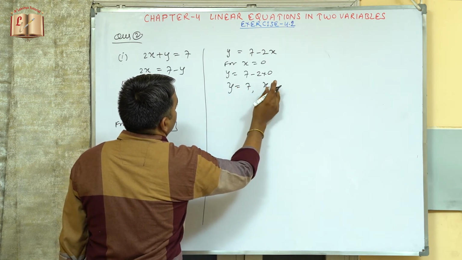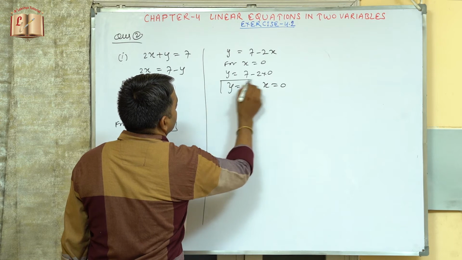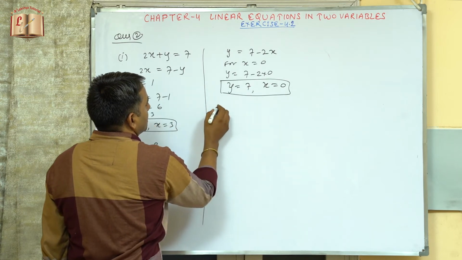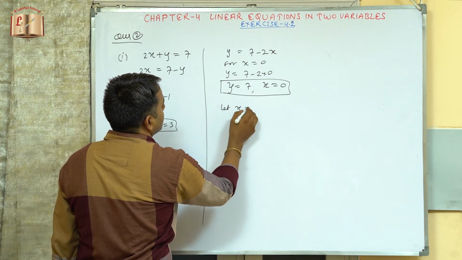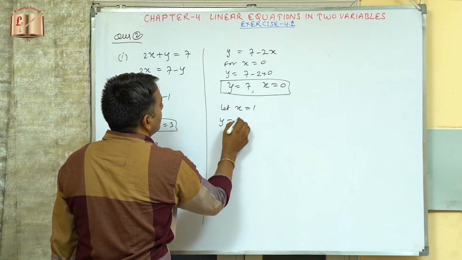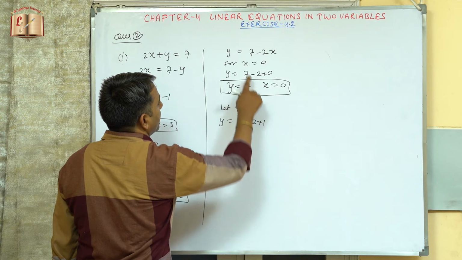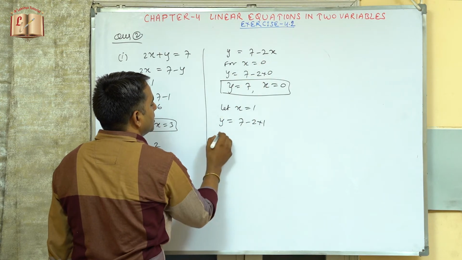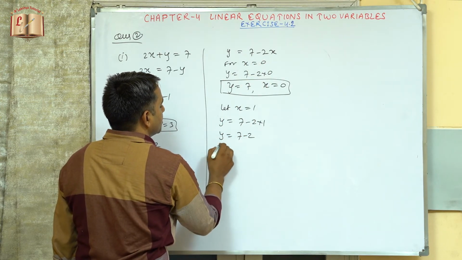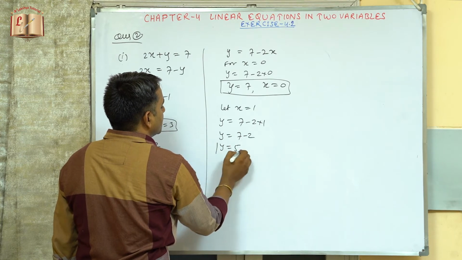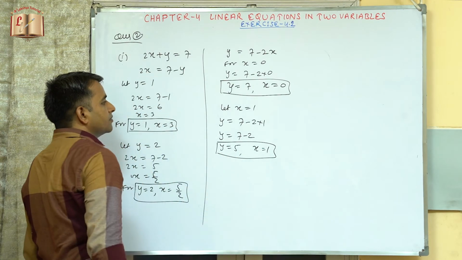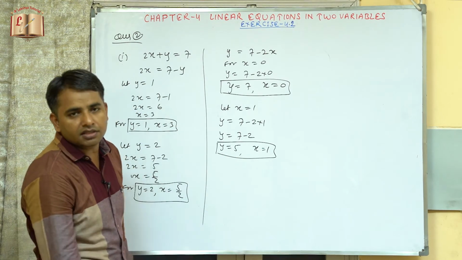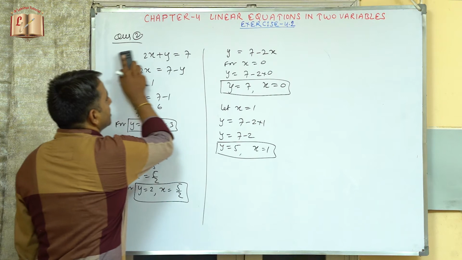For x equals 0, this is also one of the solutions. Now suppose x equals 1, so y will be 7 minus 2 into 1, so y will be 7 minus 2, or y will be 5 for x equals 1. So this is another solution. Similarly we can find the solutions for other equations also.